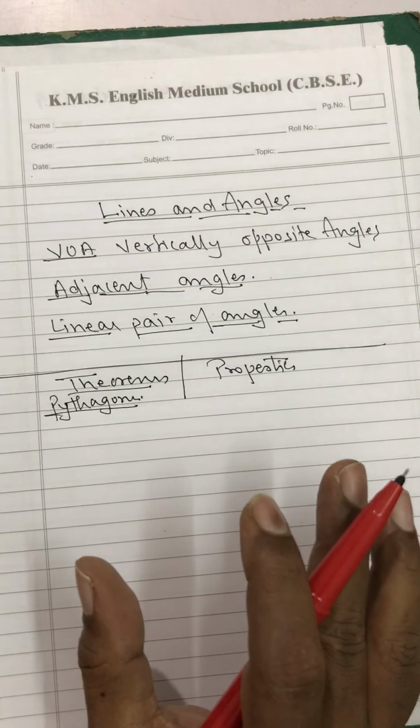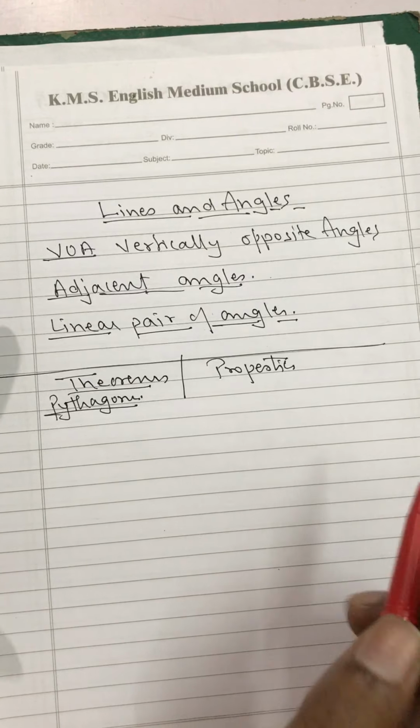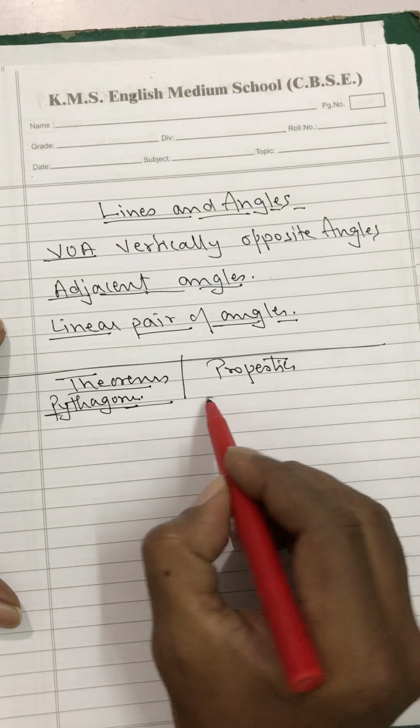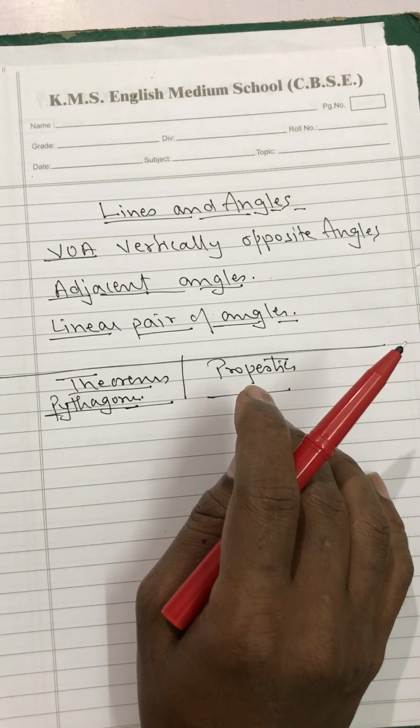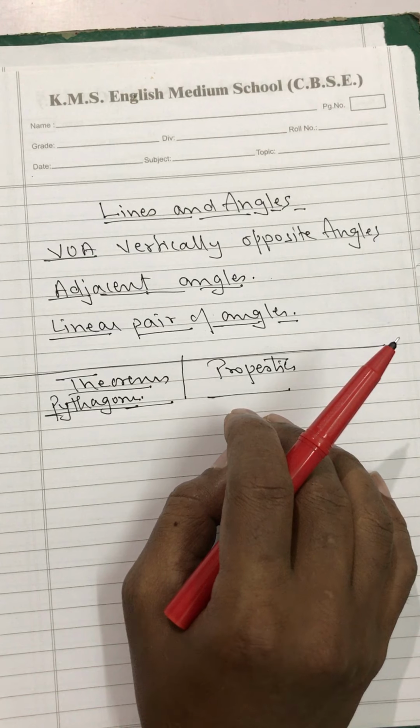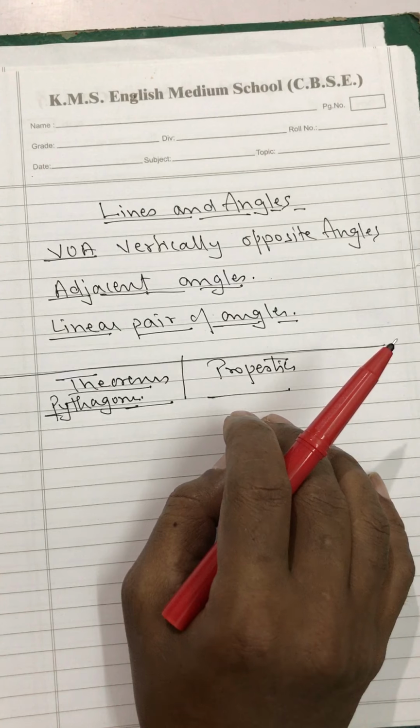But what I want you to understand is that any theorem or any property first requires something to be satisfied. They don't just come into action. A figure has to satisfy some conditions. Only then will that theorem or that property be applicable.